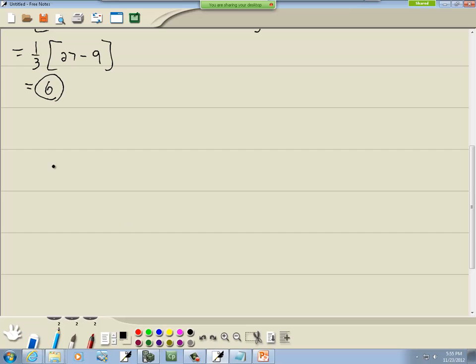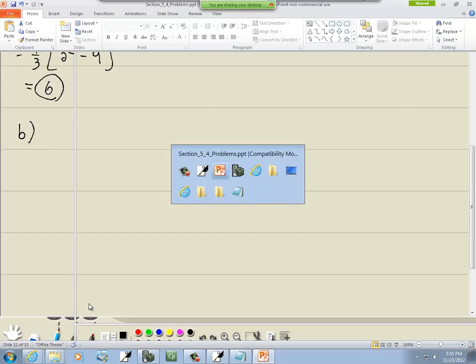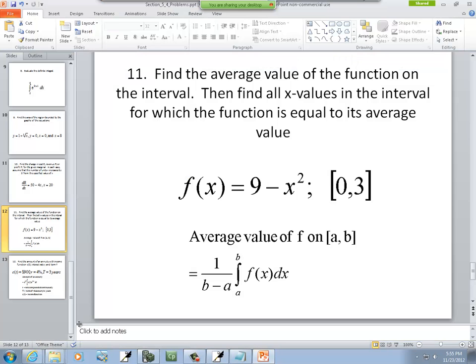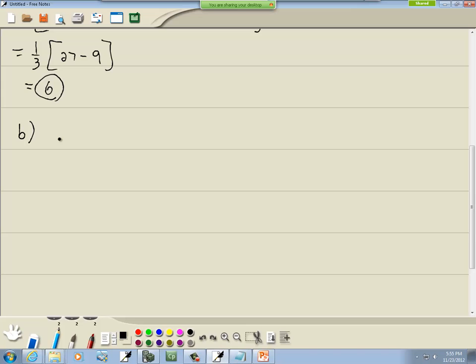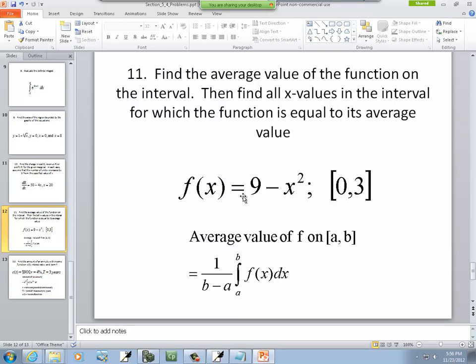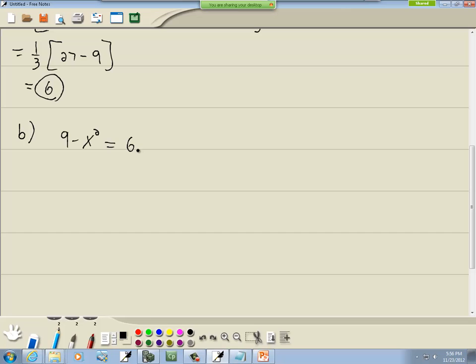Now the second part on this says to then find all x values in the interval for which the function is equal to its average value. So what they're wanting us to do is set 9 minus x squared equal to the average value. 9 minus x squared is our function, and that's equal to our average value, 6.